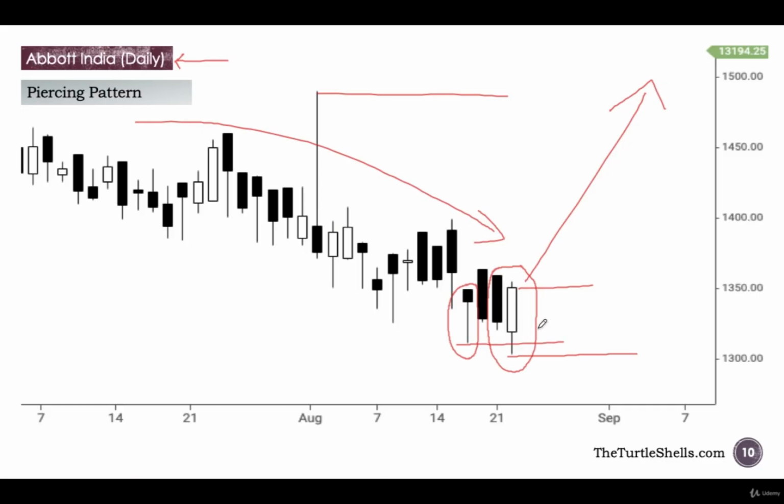But if we look at the piercing pattern, it is confirming the support area created by the previous hammer. So if I have a piercing pattern which is confirming the prior support area created by a prior candlestick signal, it adds more weight to my candlestick pattern. So I would be more confident trading this piercing pattern than I would be trading this hammer.